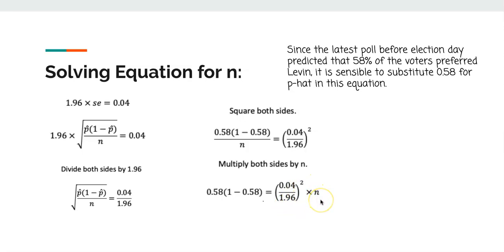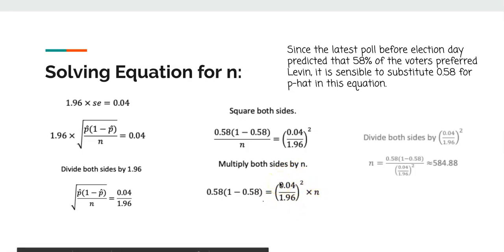Now, if you want n by itself, we're almost done. We're one step away. n is getting multiplied by this square, so the only thing you have to do is divide both sides by the thing n was getting multiplied by. It looks a little nasty, but your n, the sample size, is going to be 0.58 times 1 minus 0.58 divided by this term.